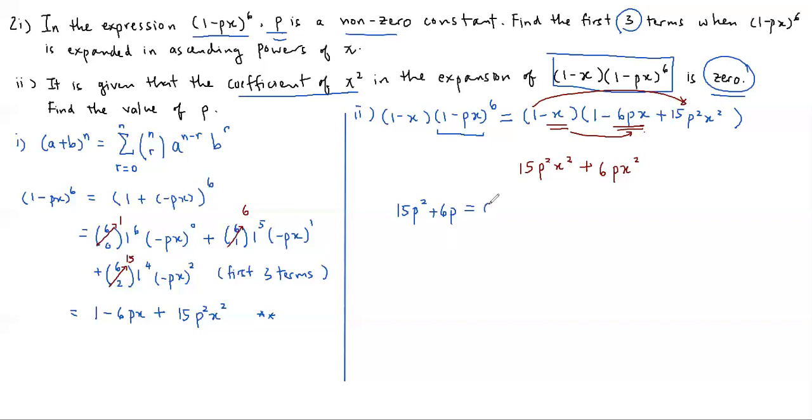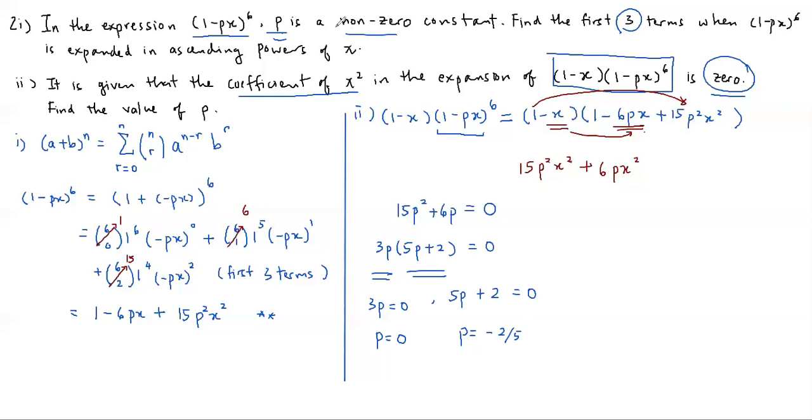So you set this to 0 and solve for p. On the left side, you can factor out 3p, and you have 5p plus 2 equals 0. So either 3p is 0, which gives you p as 0, or 5p plus 2 is 0. Isolating p gives negative 2/5 here.